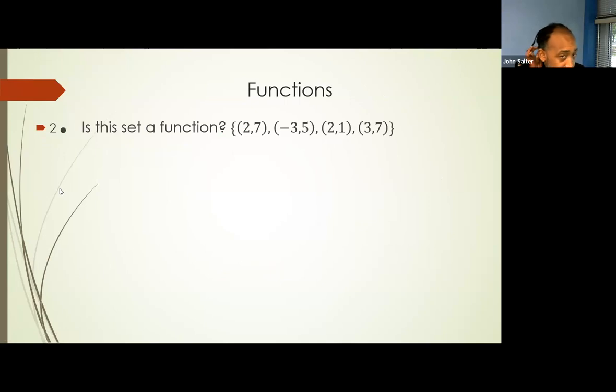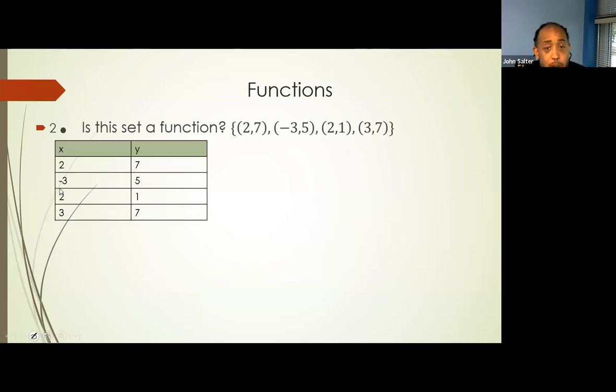Question: is this grouping of numbers, this set, a function? Well, if I put it into a chart, it's a little bit easier for me to see the correlation between these things. I do notice something when it gets to my x's. I notice that I have a repeat here. I want to pay attention to the repeats.